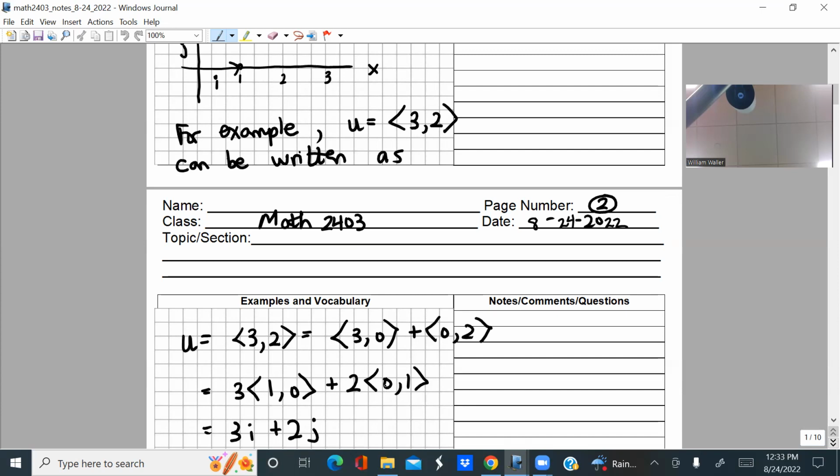Because of the way scalar multiplication works. But 1, 0 is the standard unit vector I, and 0, 1 is the standard unit vector J. So in other words, you've taken the vector u and you've written it as a combination of these two vectors I and J.